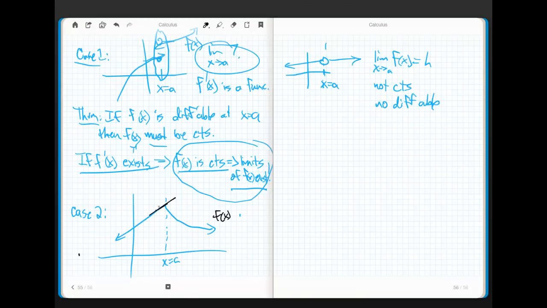So look close. If this is my tangent line, okay, cool, that looks fine. But what about if I approach from the left-hand side, or excuse me, from the right-hand side? Now I have two tangent lines, which means I have two slopes of two tangent lines, which means that f primed of a can equal two numbers, right?